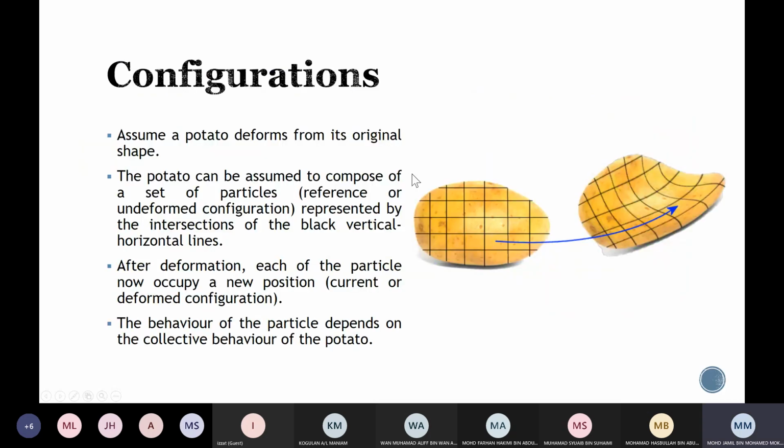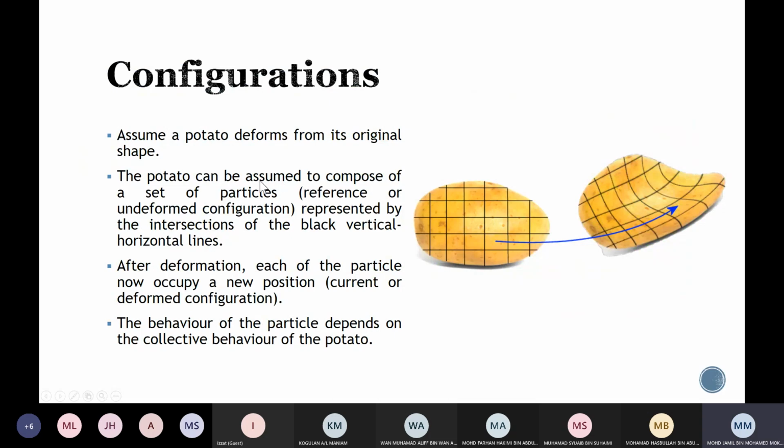So before we go into detail, let's look at the concept of configurations. Let's assume a potato. So this potato, let's say you throw it at your friend's head, so it gets dented like this.